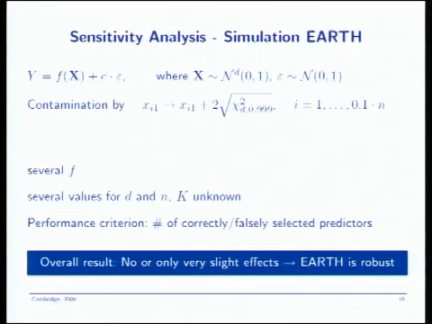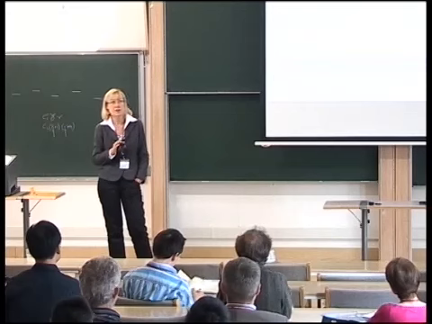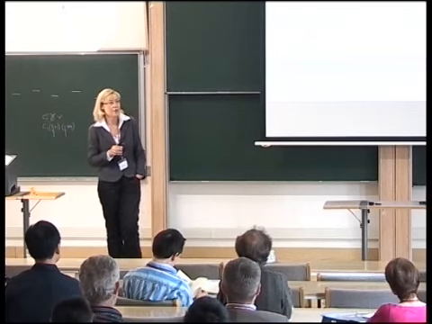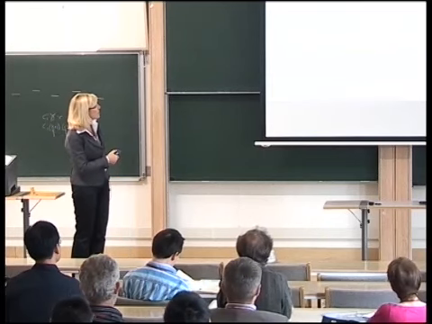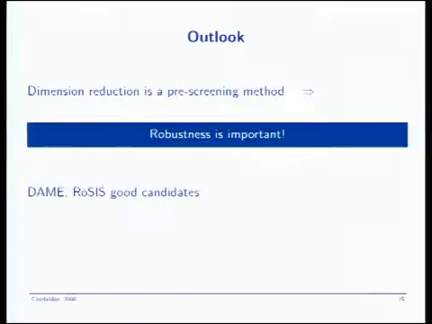Here I will only show you the general result. It seemed that Earth is affected only very slightly by outliers, even if they are very large.